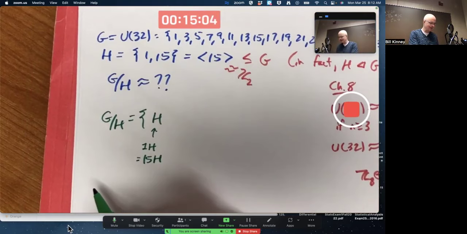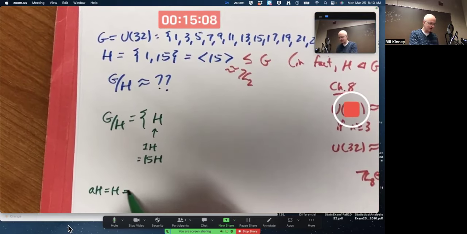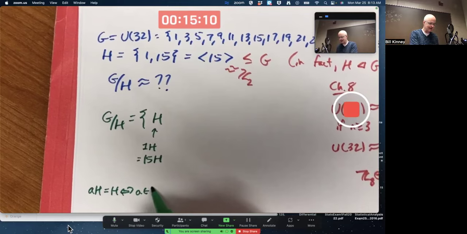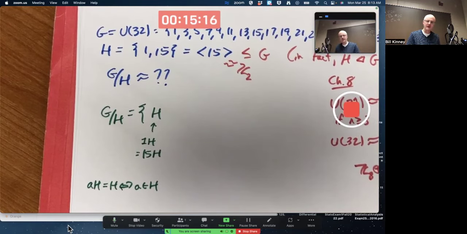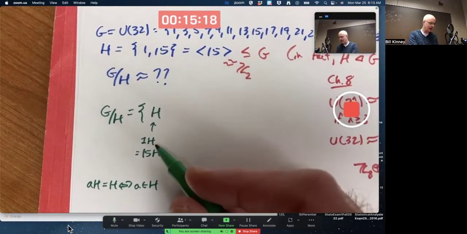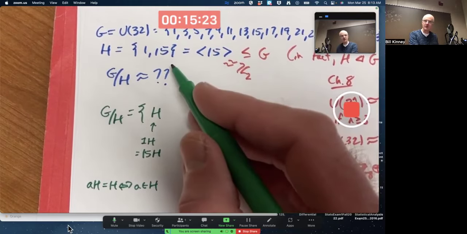Because we know AH equals H if and only if A is in H. That was a property of cosets back in chapter 7, a fundamental property of cosets. So 1H and 15H both equal H because 1 and 15 are both in H.